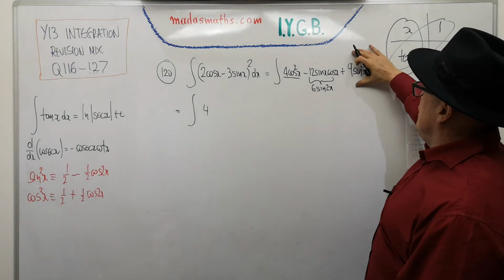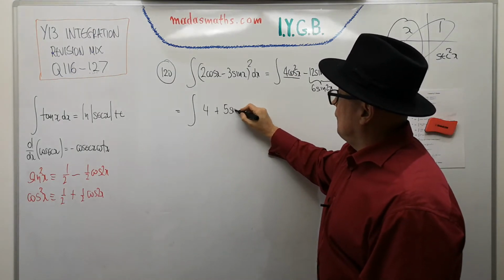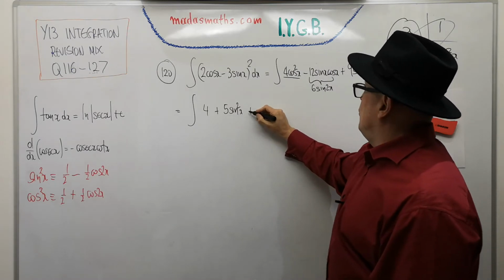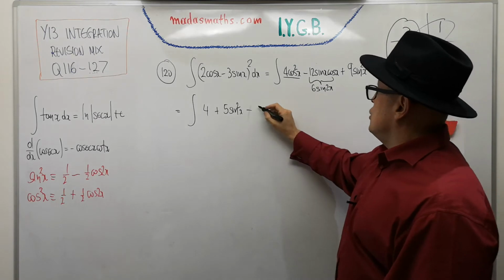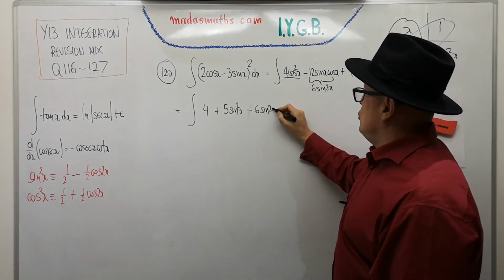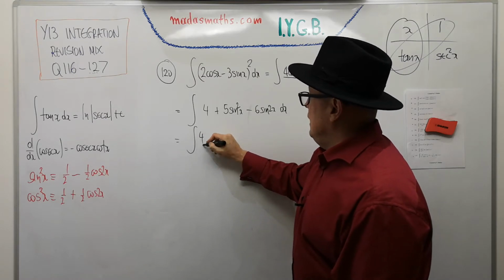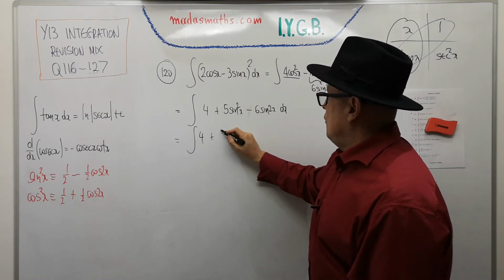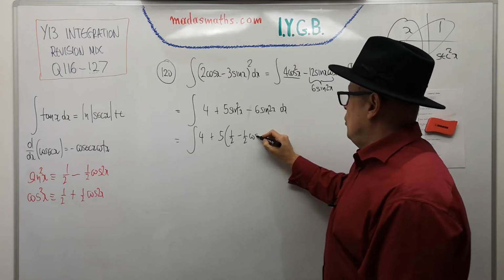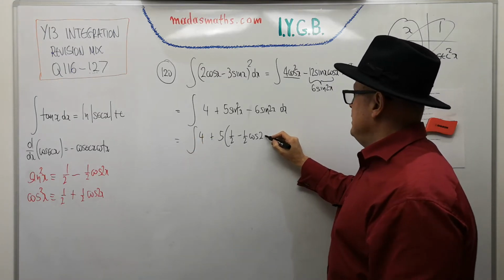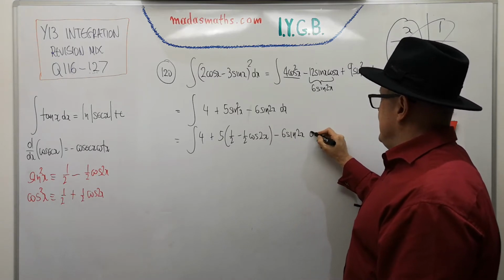That will still leave me 5 lots of sine squared from here, minus 6 lots of the sine of 2x dx. Then I'm going to use, of course, the identity for 5 sine squared. So it's 5 bracket half minus half cos 2x, which I wrote down there in red, minus 6 lots of the sine of 2x dx.